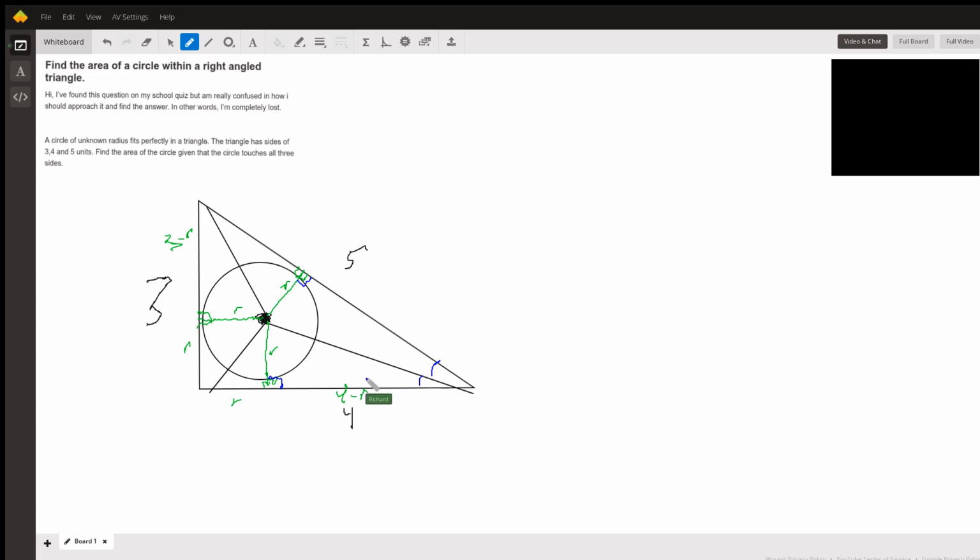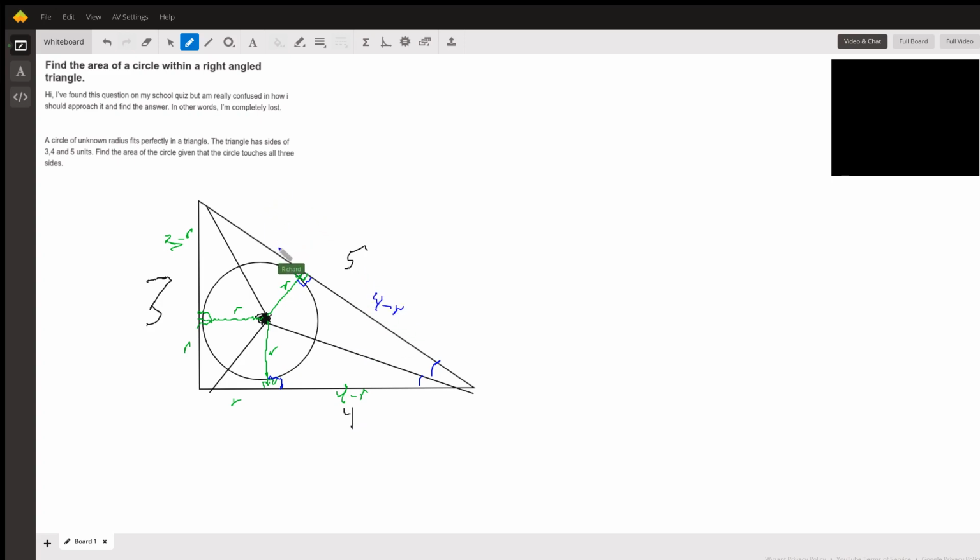You have an angle, side. The two radii, of course, are congruent. So we have two congruent right triangles here because this is an angle bisector. So this gives us angle, side. Or if you go the other way, it's going to give you angle, side here. So if that's 4 minus R, that must also be 4 minus R.